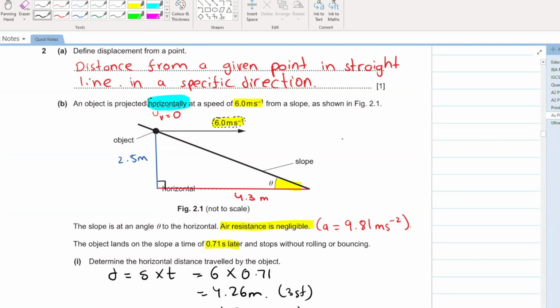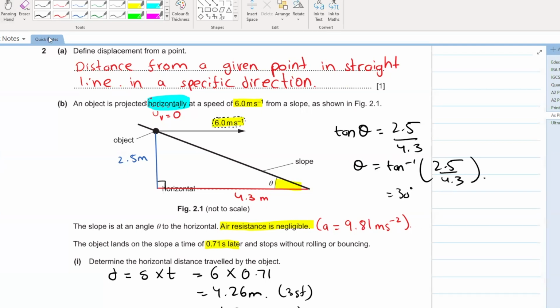How are you going to calculate it? Apply tan theta equals perpendicular, that is 2.5 divided by 4.3. Theta equals tan inverse of 2.5 divided by 4.3. Can anyone calculate this answer? This answer comes out to be 30 degrees.